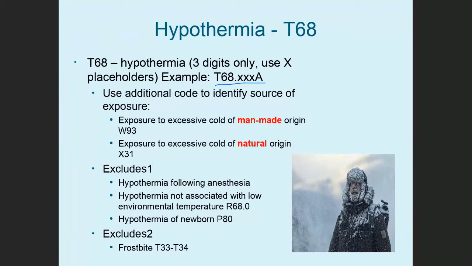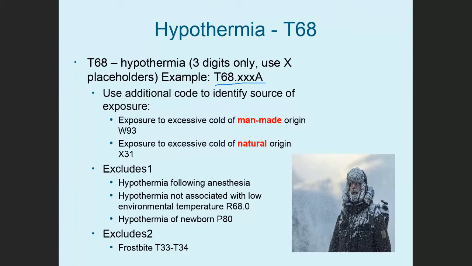Use additional code to identify source of exposure, and that's taking you back to the external cause codes. Exposure to excessive cold of man-made origin, exposure to excessive cold of natural origin. Okay, were they out in the Arctic and they got cold, they got frostbite, or was it from a refrigerator, being locked in a refrigerator or something.